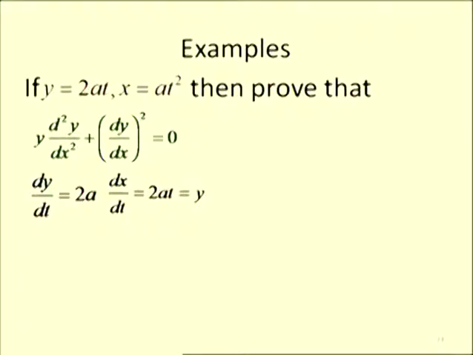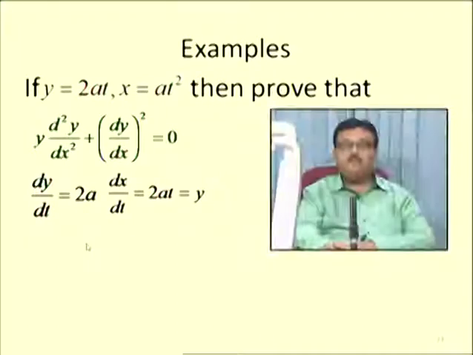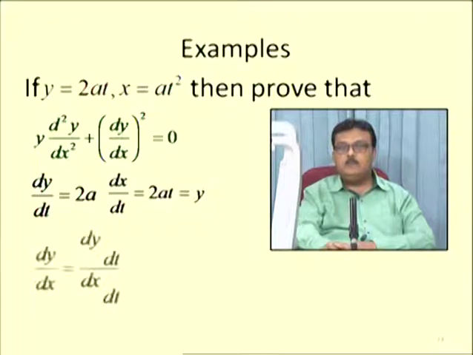So this way we have obtained the derivative of y with respect to t and the derivative of x with respect to t. Now let us get dy by dx. So dy by dx is dy by dt upon dx by dt, as we have seen in the parametric form. For the differentiation of a parametric function, dy by dx is equal to dy by dt upon dx by dt.